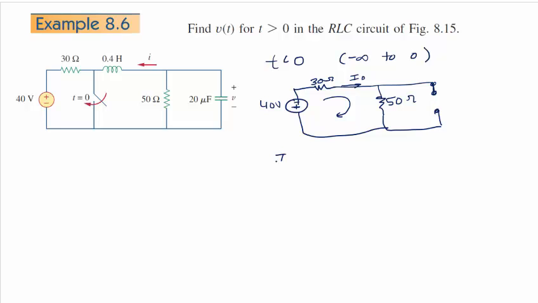I0 we can get from a simple series loop right here: 40 volts divided by the total resistance, which is 30 plus 50 ohms, so 40 divided by 80. The initial current I0 is 0.5 amp.